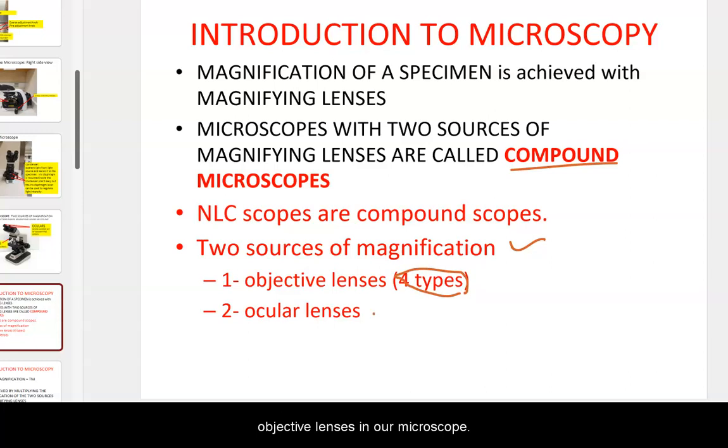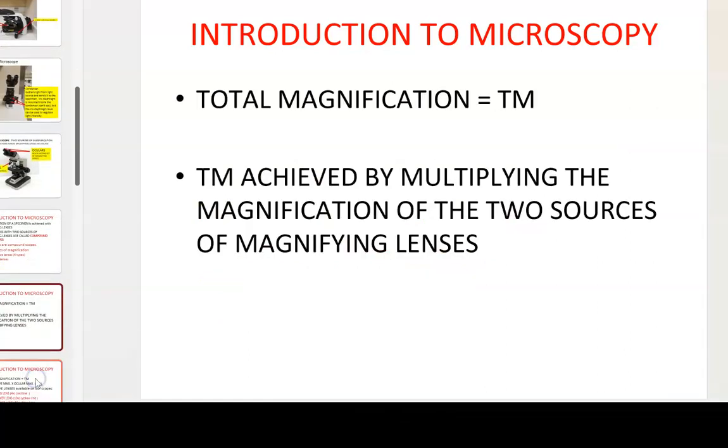The second magnification is going to come from the ocular lens itself. So in order to calculate the total magnification, or TM, of your specimen, we need to account for the two sources of magnification, the ocular and the objective.